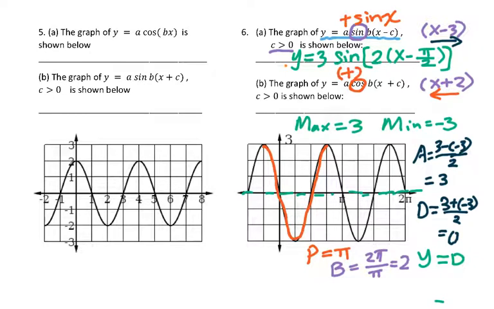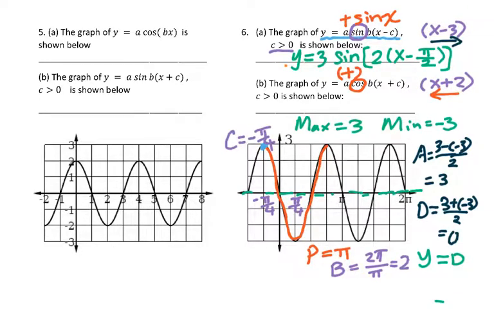Then your C will be the x coordinate of this starting point. We already figured out the unit for this graph, that's pi over 4. So this one will be negative pi over 4. C equals negative pi over 4.